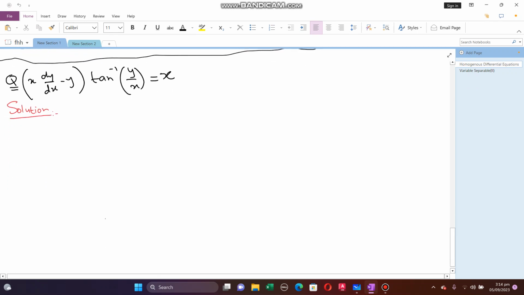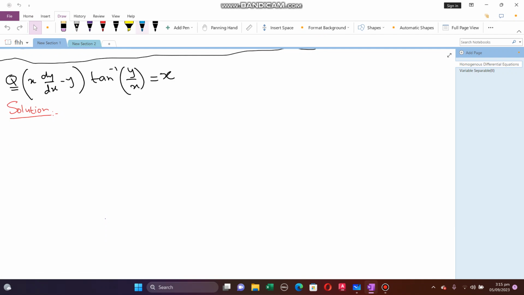So this is a question which we are going to solve. It says x dy by dx minus y multiplied by tan inverse y over x is equal to x.